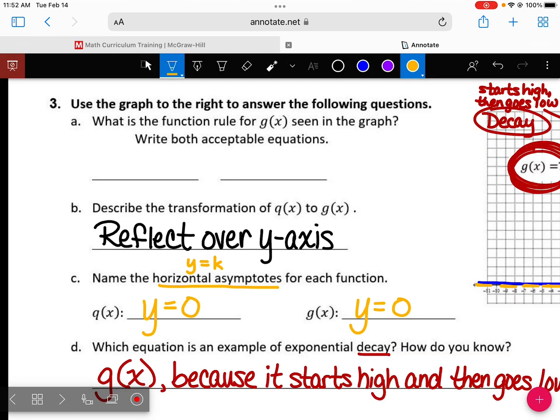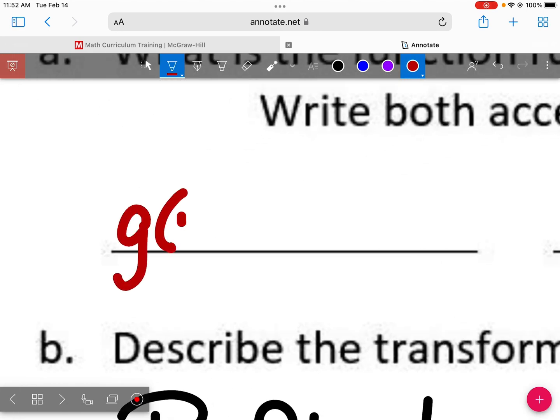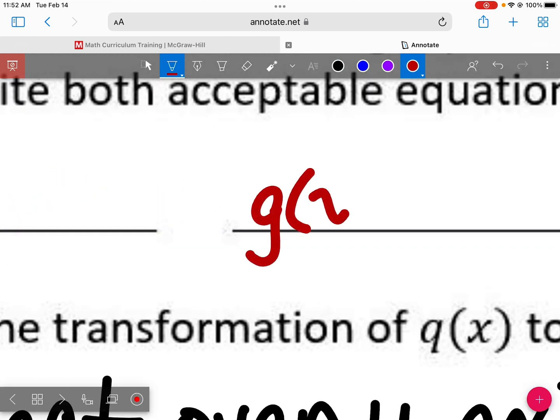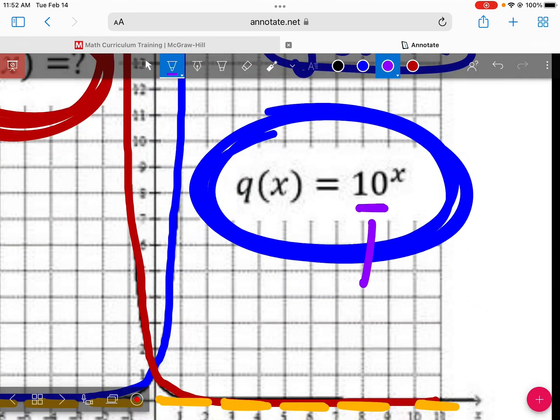All right, let's go back and do the function rules. There are 2 different ways to write the function rule for g of x. Do we know what the base is for q of x? Base is 10. Right here.